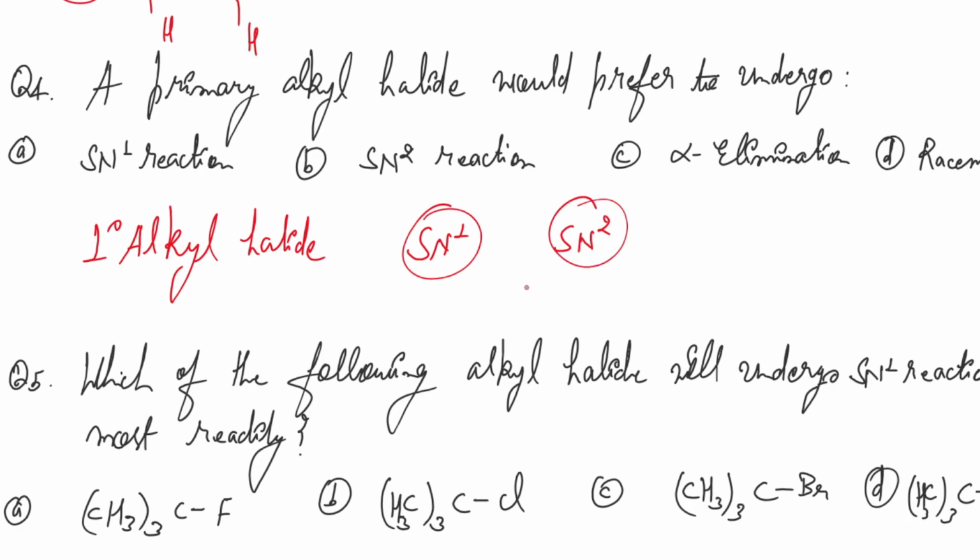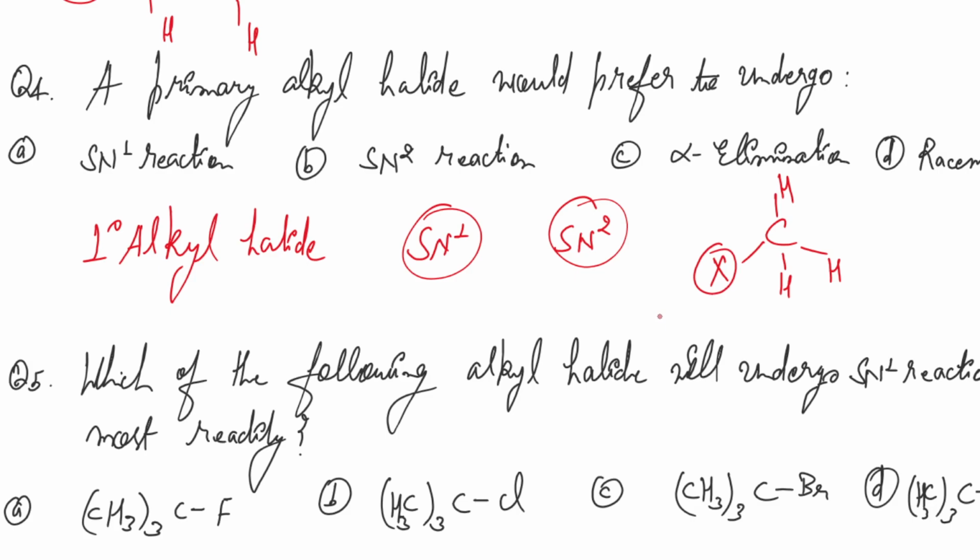Take primary alkyl halide and tertiary alkyl halide. Suppose this is the example, where four different groups are present. This is your alkyl halide, so this is your X, and this is hydrogen, hydrogen, and hydrogen. So that's a primary alkyl halide.